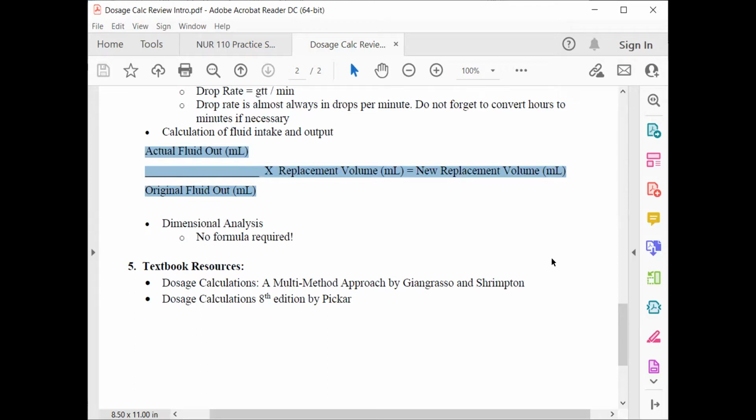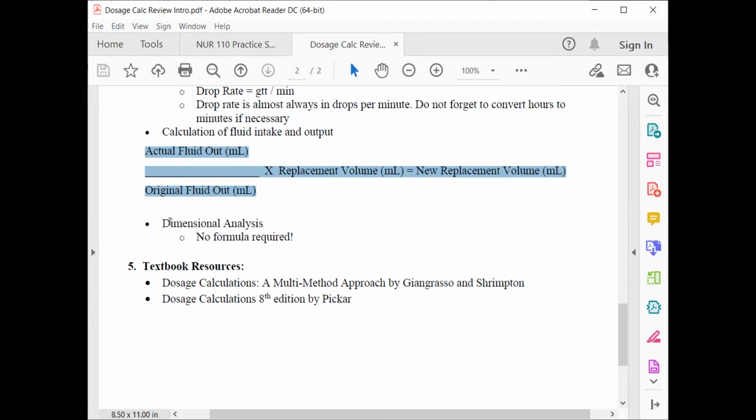You take your actual output, so what the patient actually peed out or voided, times the replacement volume, and then divide it by the original fluid out, or you can say the theoretical or hypothetical fluid out, and that will give you your replacement volume. This is an equation that I came up with just to simplify this concept. If you do it another way and get to the same answer, we're all doing the same stuff. It won't be a problem. And I'll show you how to do some of that stuff.